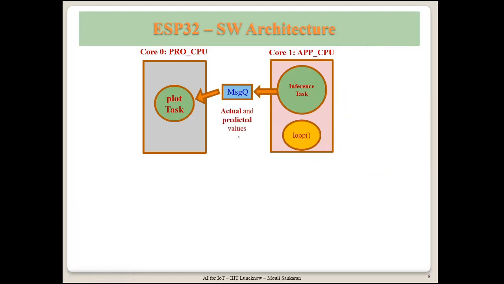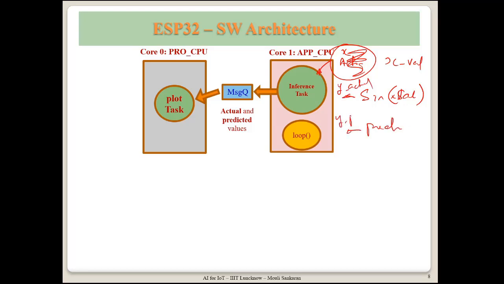When you are running the engine, you send some x value, that means the sine x value. Our sine function gives you y actual, and our prediction gives you some y predicted. So you have two values, y predicted and y actual, generated every time.